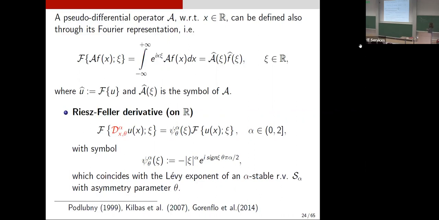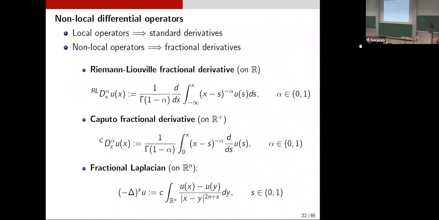I forgot to tell you before, so I go back to the previous slide, that in the case of the Riemann-Liouville fractional derivative, and also in the case of the Caputo fractional derivative, the limiting case alpha equal to 1 reduces to the first order derivative.